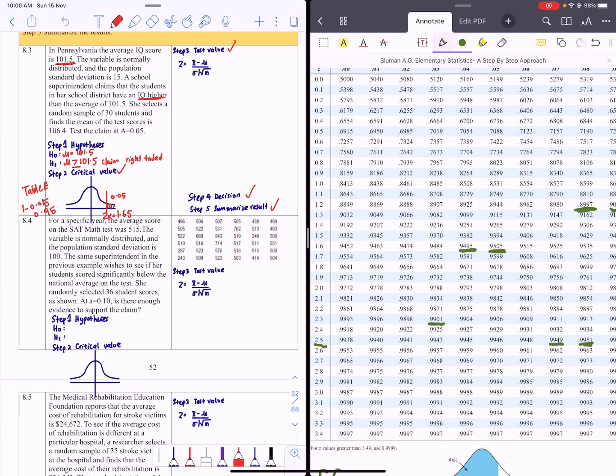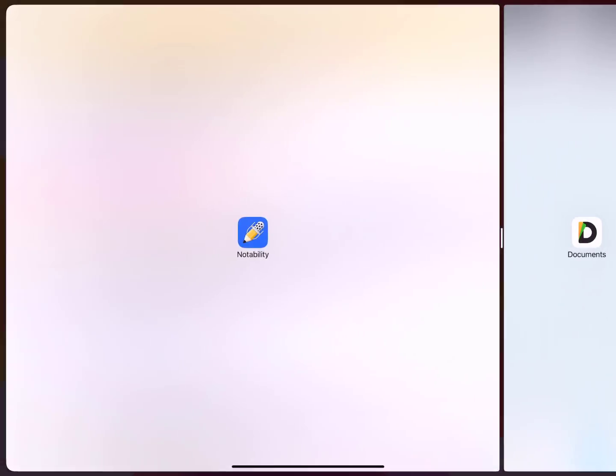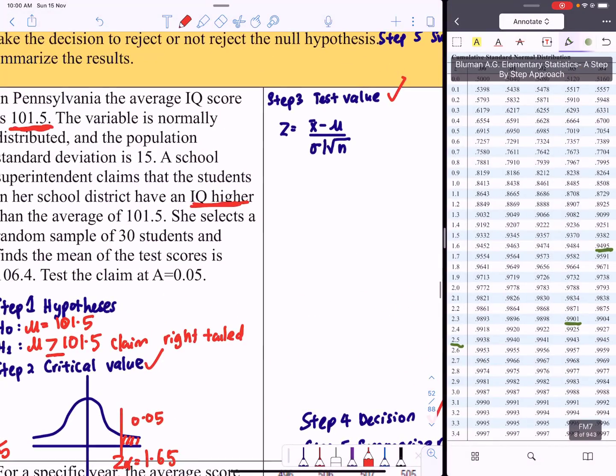Then we get the critical value. After that, we do the test value. This is the formula for the test value. Here we have the sample, because we have 30 samples. Please remember, if the sample size is 30 and above, we use the Z test. If below 30, we use the T test.